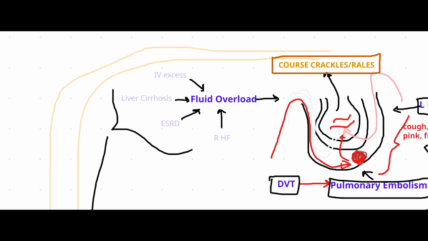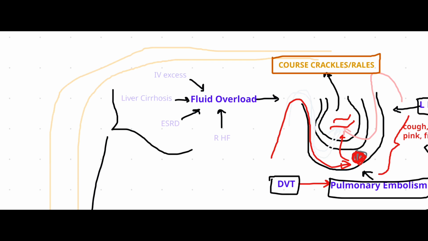Or maybe this patient has liver cirrhosis, and what happens in liver cirrhosis is there's portal vein hypertension. And when there's portal vein hypertension, that means that the whole venous system, again, is congested. And so then the blood backs up to the right side of the heart and then moves forward to the lungs.